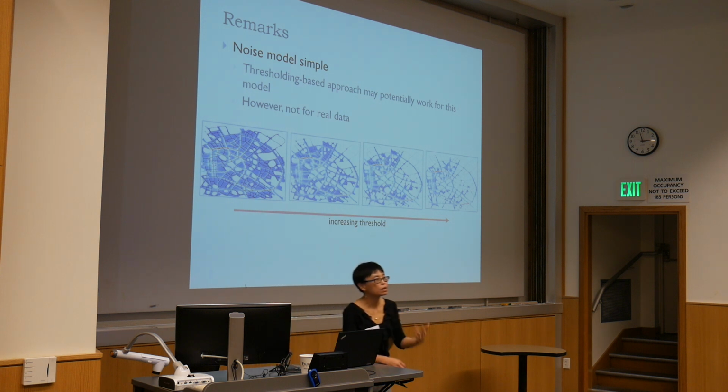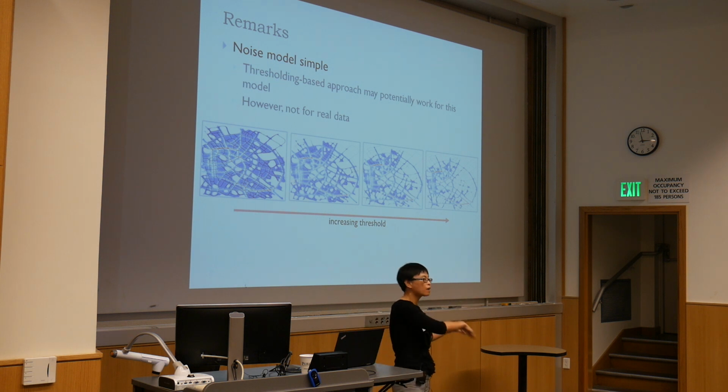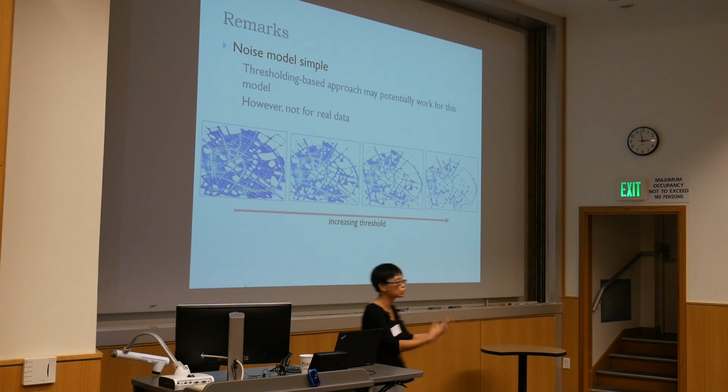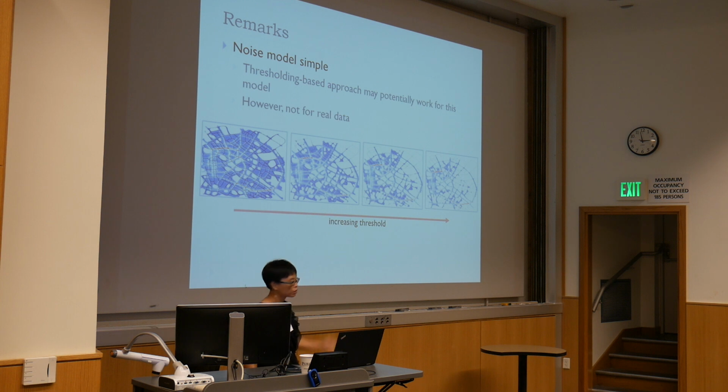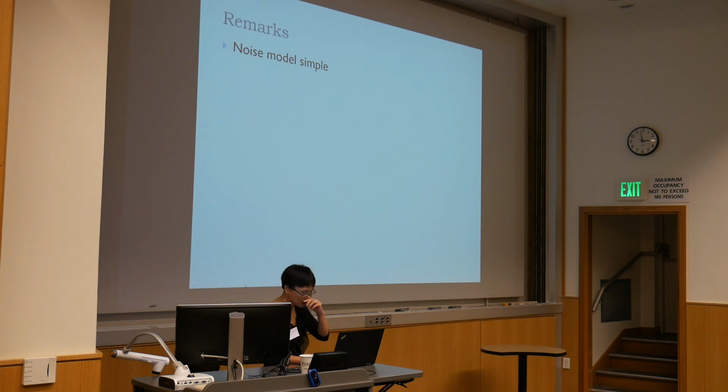I think the methodology itself is much more powerful than what we have proved so far. I think it works for a much more general model with non-uniform distribution because the persistence simplification ultimately is not using absolute value. It's using a semi-relative difference to measure the importance of a feature. So in a low density area, you still have the road because compared to its neighbors, it's still much higher. In practice it works much better than what the theoretical results suggest.